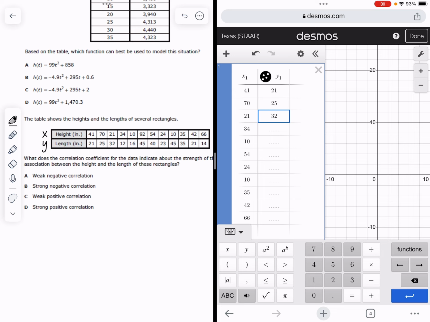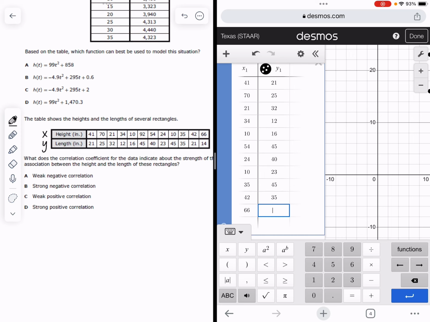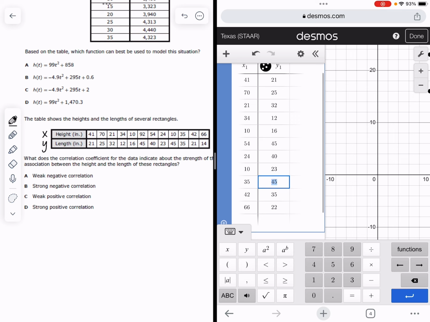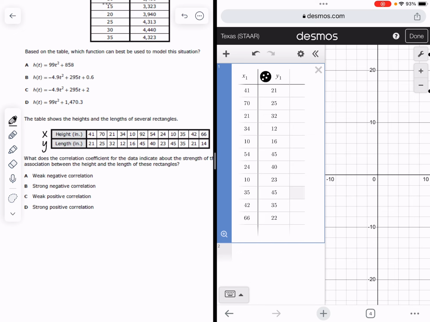32, 12, 16, 45, okay, I messed something up because I don't have the same amount. So 41, 70, 21, 34, 10.